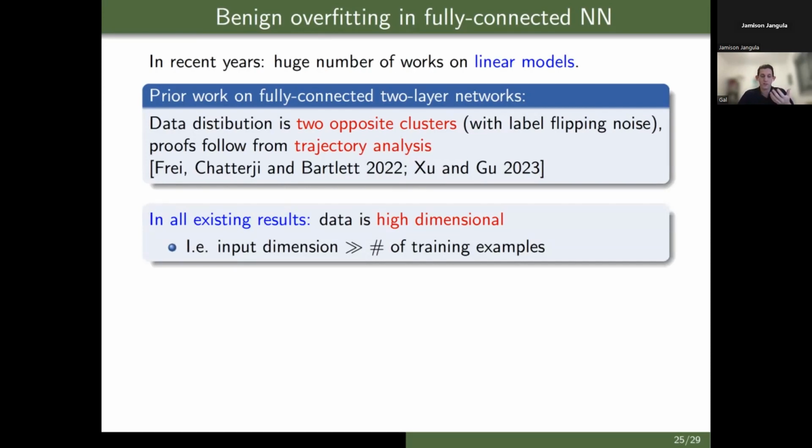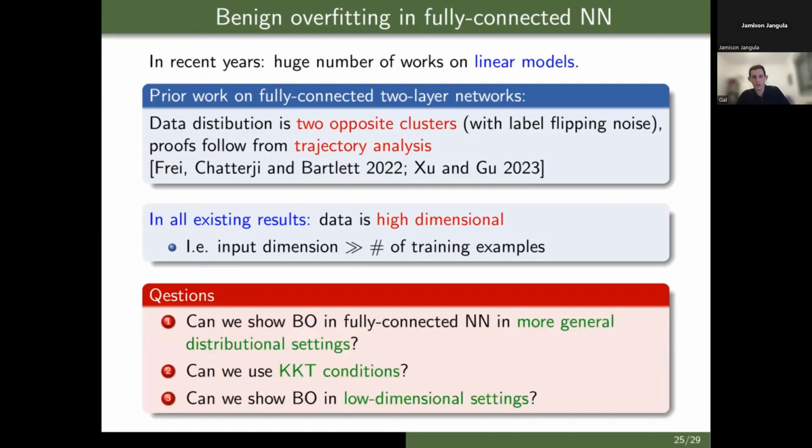And of course, practical settings are often not high dimensional, and therefore this assumption, which appears in all of the known results on benign overfitting, is a significant limitation of the existing results.